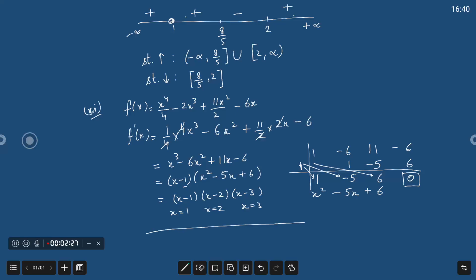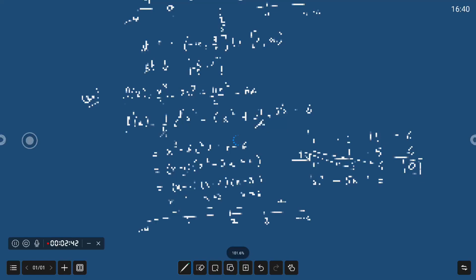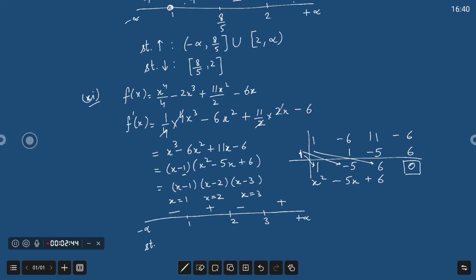So you can write all the three critical points on the number line, 1, 2 and 3. Because all the coefficients are positive, the last interval will be positive, then negative, positive, negative. So that means this function is strictly increasing in what intervals? It is strictly increasing in, write the positive intervals, (1, 2) union (3, infinity).